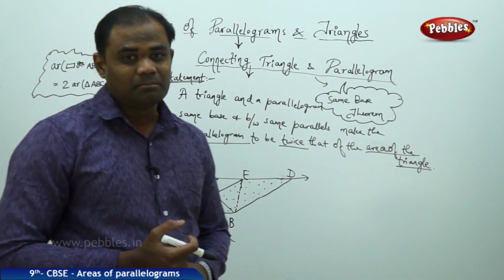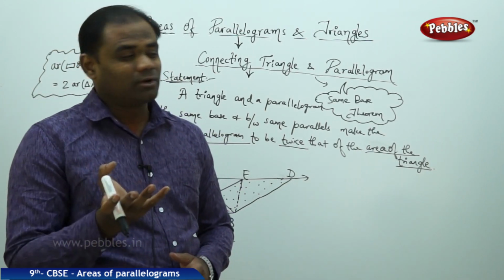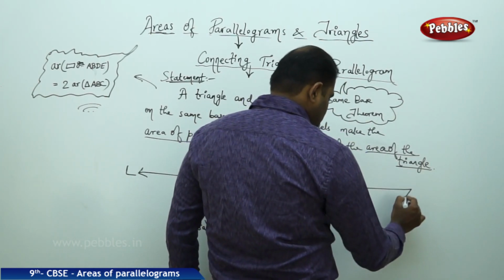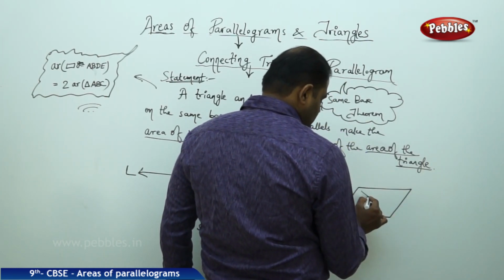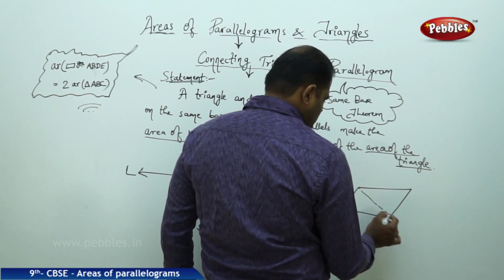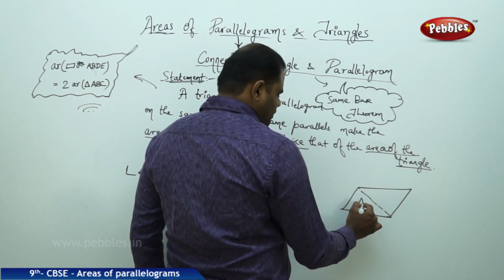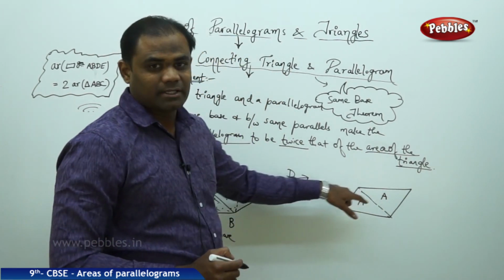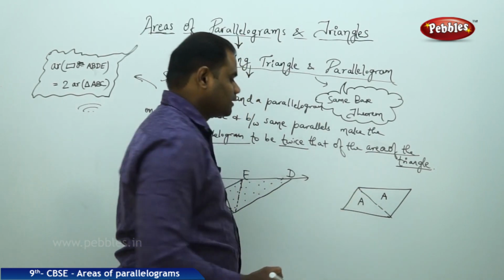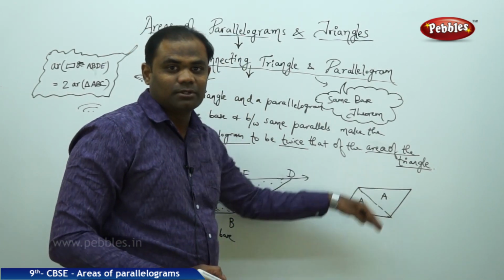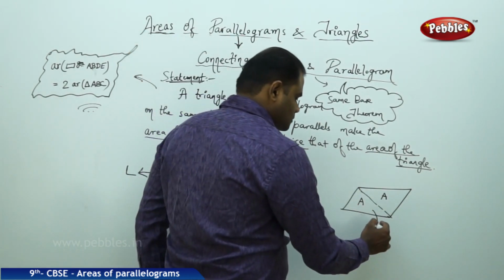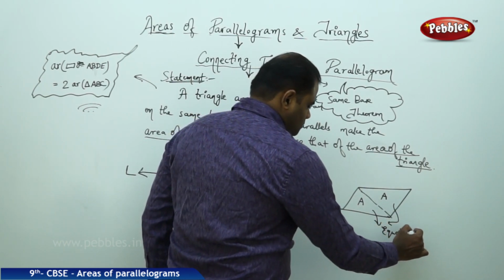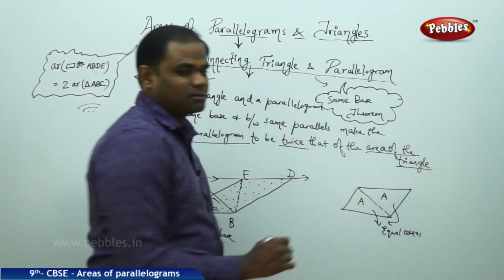A diagonal makes the two triangles congruent in a parallelogram, which we have learnt in the previous sessions. So the diagonal divides the parallelogram into two equal areas, as we have learnt in the previous session.